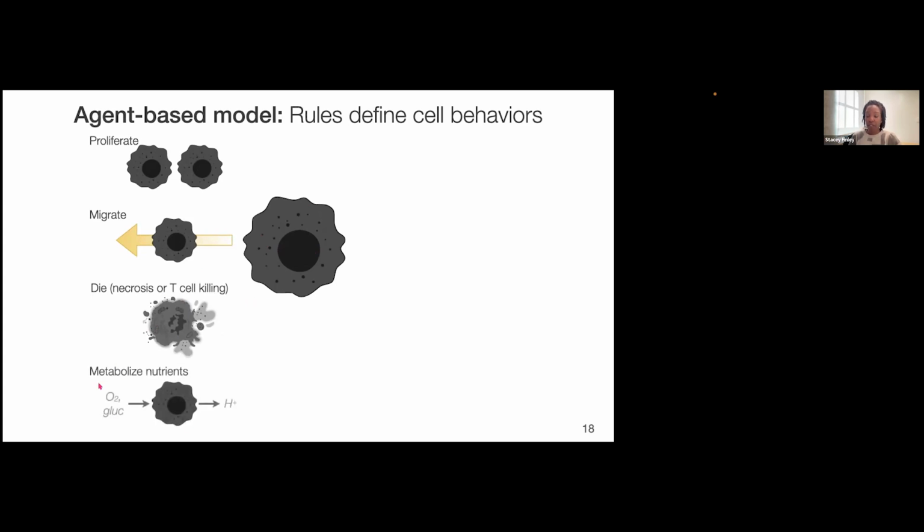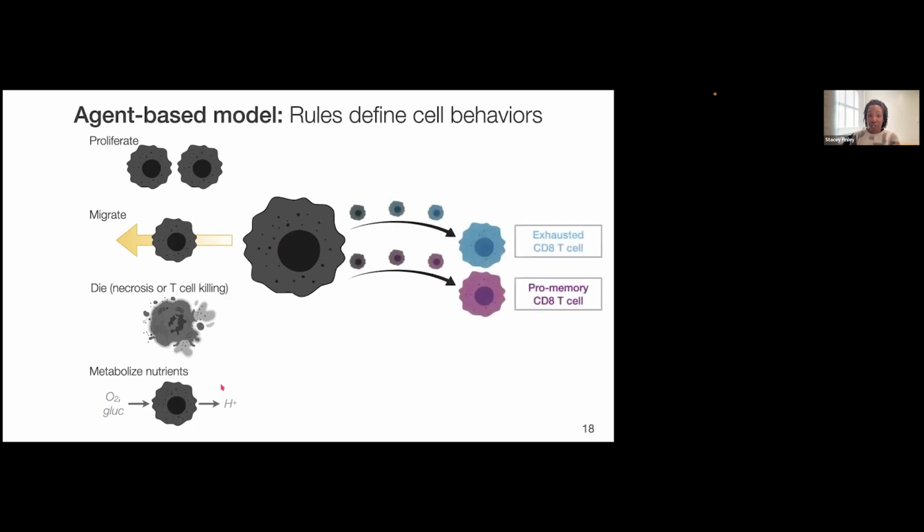And then we also have rules that determine how the cells are using the nutrients in their local microenvironment. For example, to utilize oxygen and glucose and produce lactic acid, and that might influence the health of the cell or its proliferative ability. And then linking back to the first part of the talk, we have rules that influence whether a T cell will go towards an exhausted state or pro-memory state.